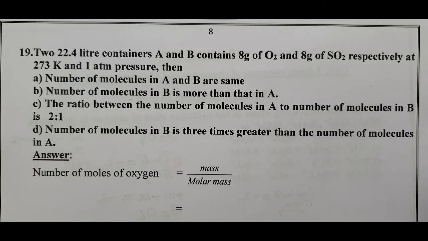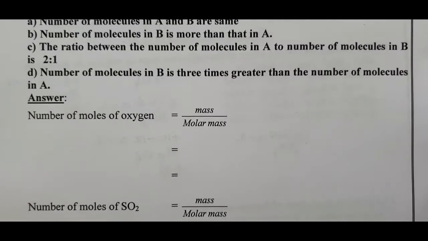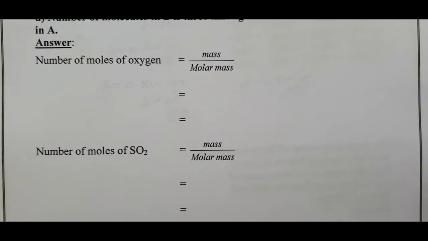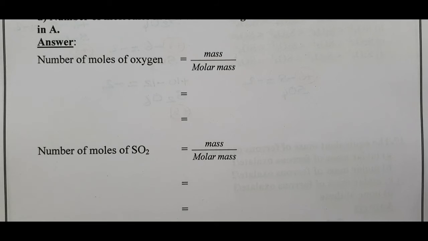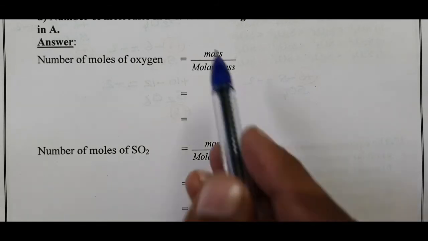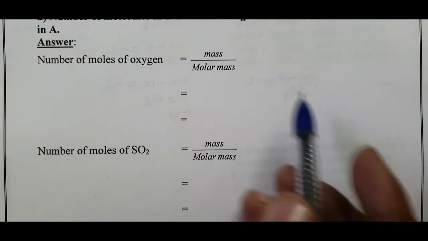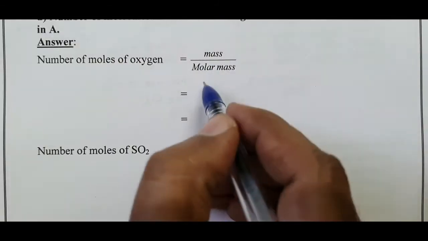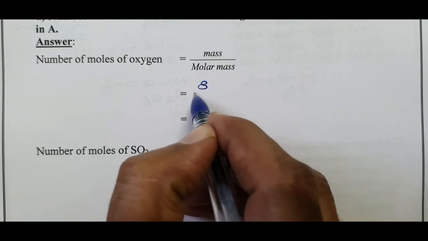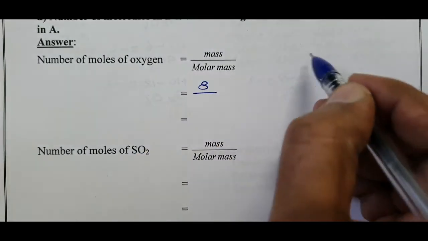So what gases are given? Oxygen and sulfur dioxide. We have to find the number of moles and then the ratio. Number of moles of oxygen equals mass by molar mass. The mass of oxygen given in our problem is 8, divided by the molar mass of oxygen.